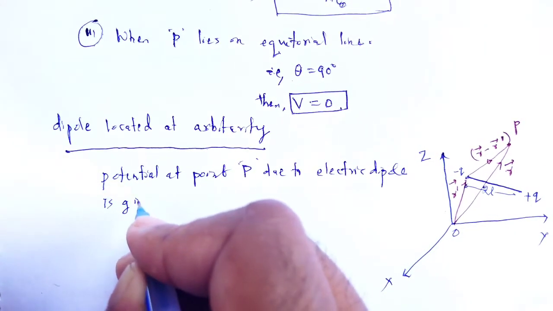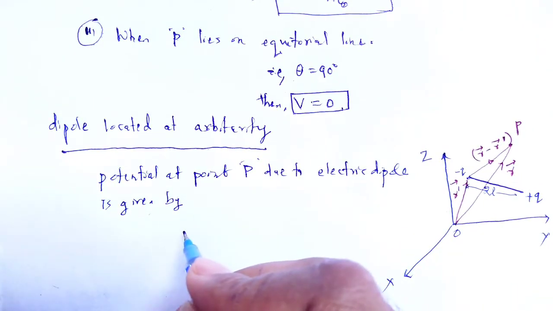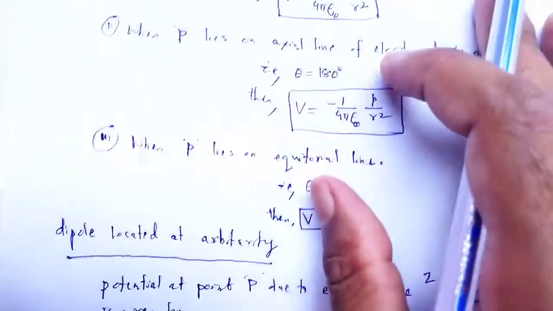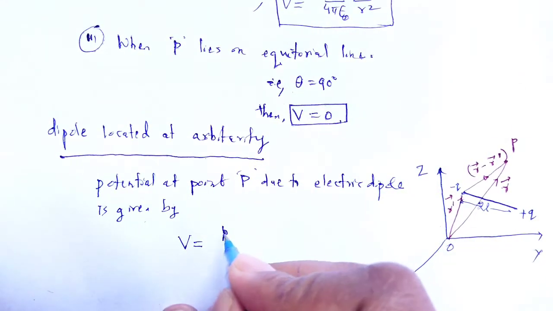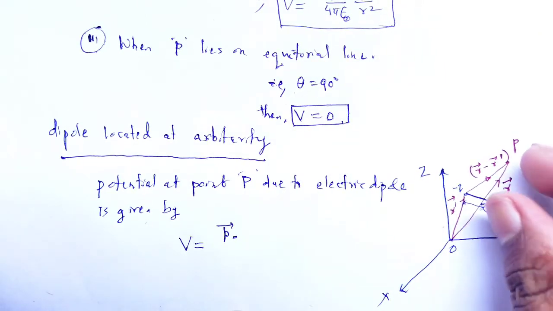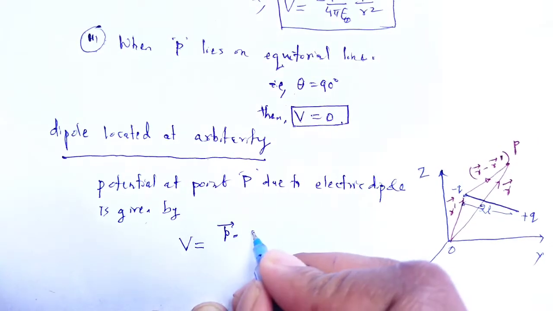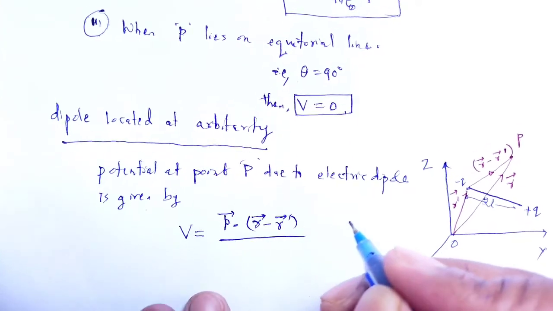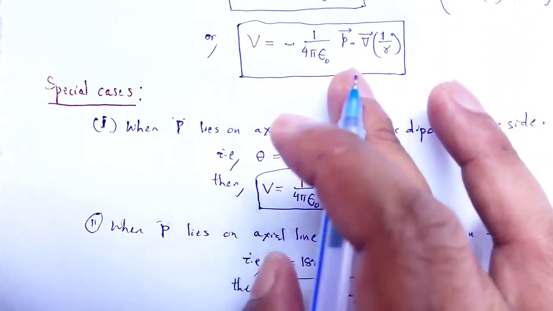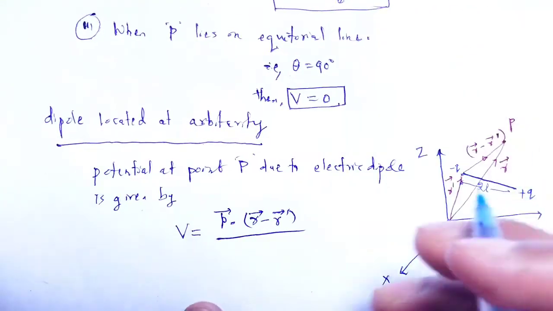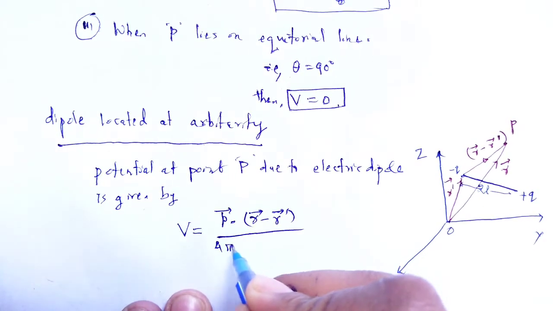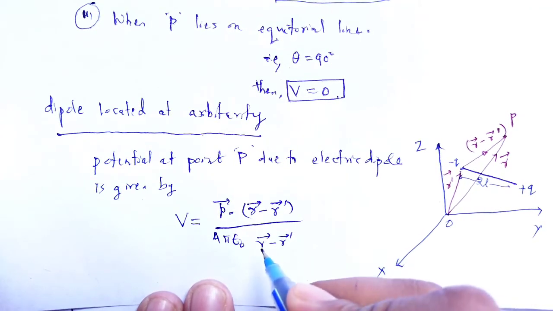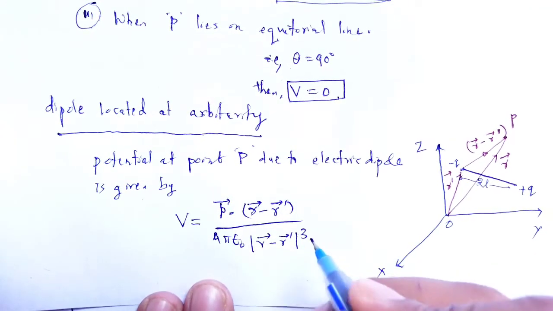The potential V is equal to P dot the distance, that is r minus r dash vector, divided by 4 pi epsilon naught into the cube of the distance, that is the magnitude of r minus r dash vector whole cube.